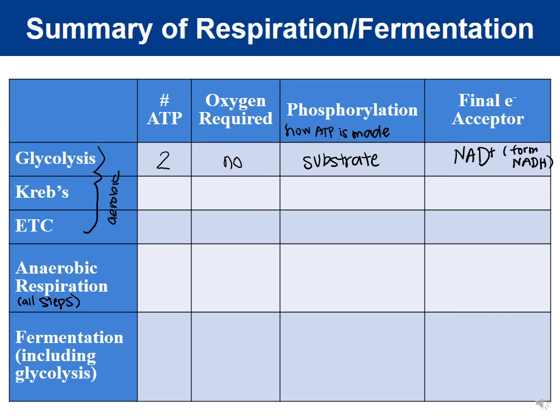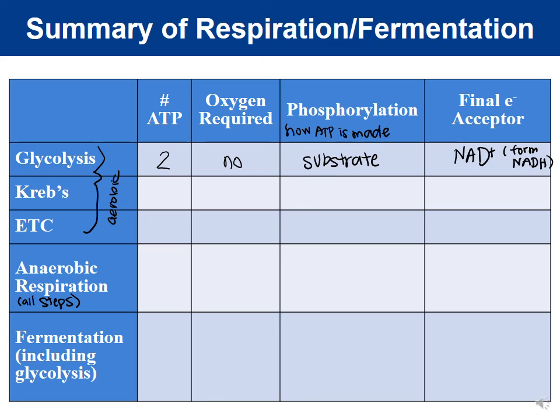So you're going to combine them all together. That includes glycolysis, Krebs cycle, and electron transport chain all combined. So how many ATP does the entire anaerobic respiration produce? Is O2 required? How is the ATP produced? Hint, there might be more than one. And then what are the final electron acceptors during anaerobic respiration?